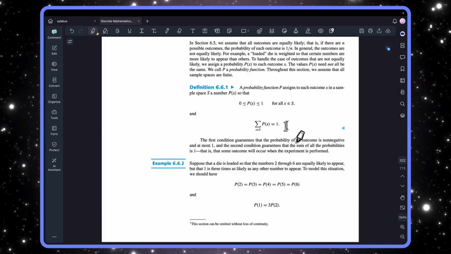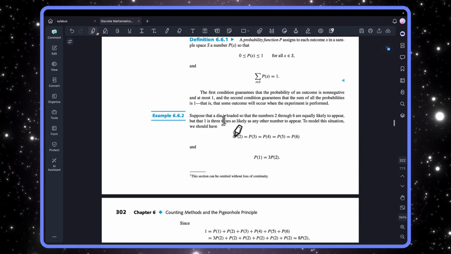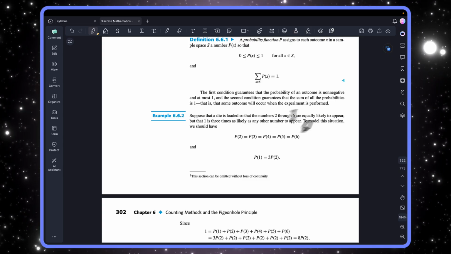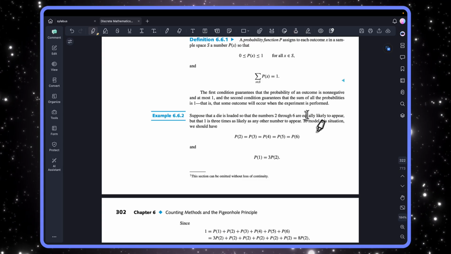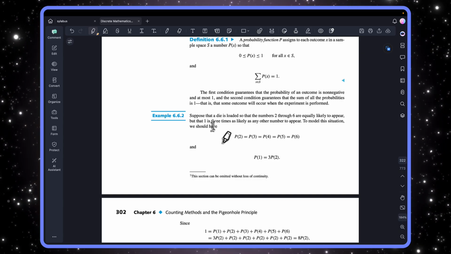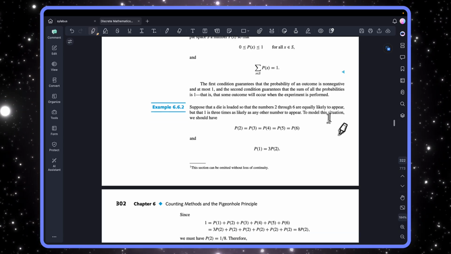So here's an example. Suppose that a die is loaded, so that the numbers 2 through 6 are equally likely to appear, but that 1 is 3 times as likely as any given number to appear.